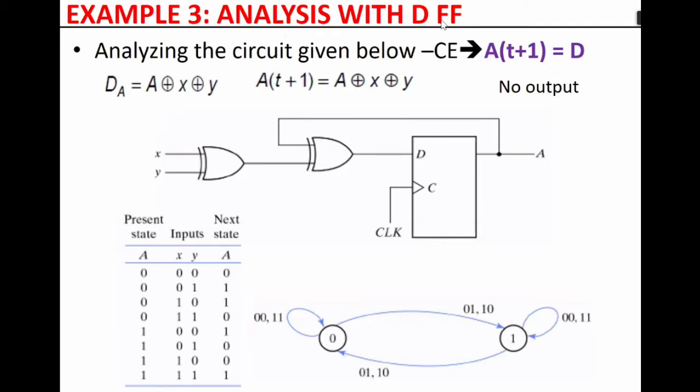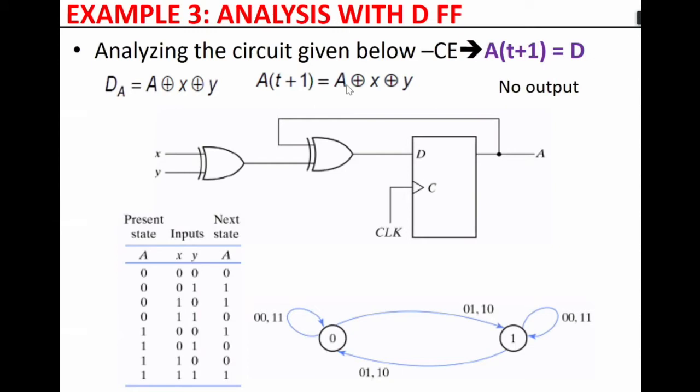You've been told to analyze the circuit with the D flip-flop. We want to use the characteristic equation. The characteristic equation of a D flip-flop is just the next A(t+1) equals D. So if you've been given this circuit, just find out what is at D. This is A. So what is at D is X exclusive or Y exclusive or A. That is what is at D. Substitute this here.